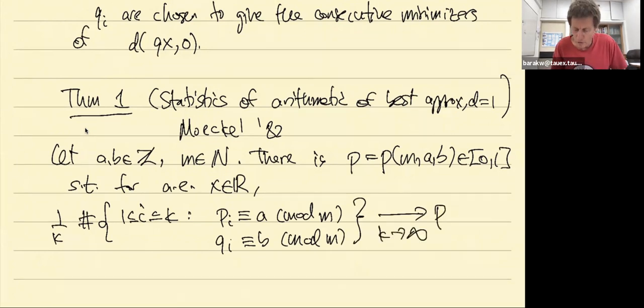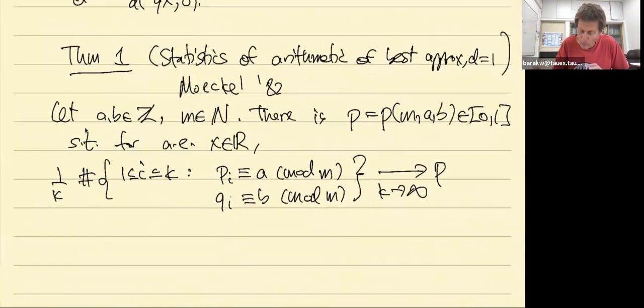Okay, so I'm telling you the parity, or more generally the congruence class given a certain modulus n, of these convergents, and it's the same for almost every x. So for example, if n is 2, then you have 4 congruence classes.